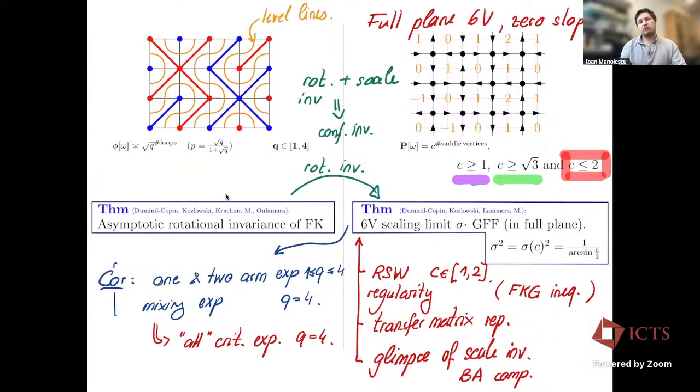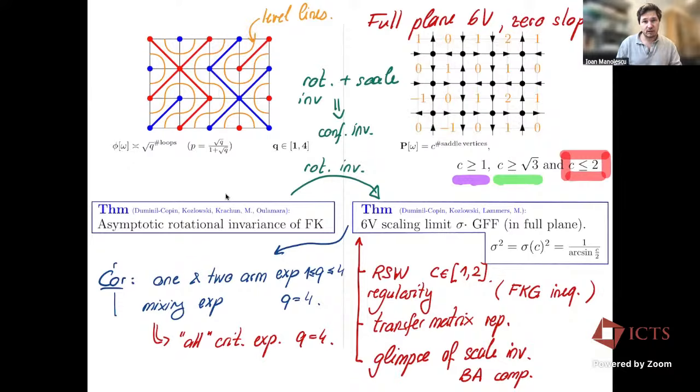So it's very tempting to think that at least for Q equals 4, the level lines of Fk will converge to the level lines of GFF, which are indeed CLE 4 as you expected. The problem is the convergence is not continuous with respect to level lines somehow, or vice versa. So you don't have the fact that if this field of heights converges to GFF, automatically the level lines also converge.